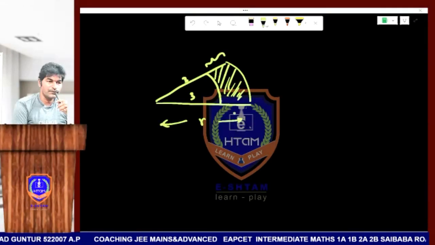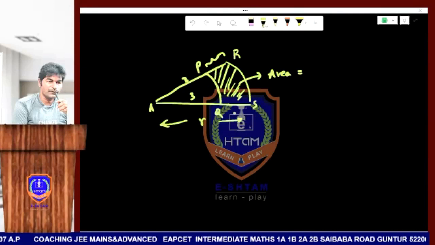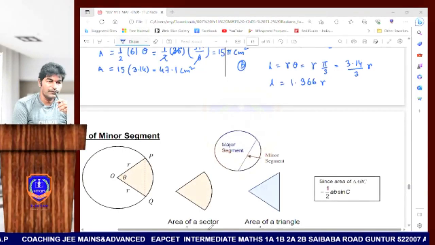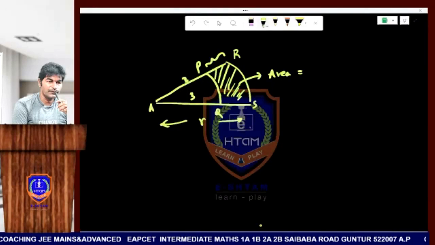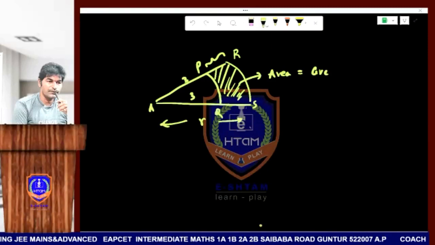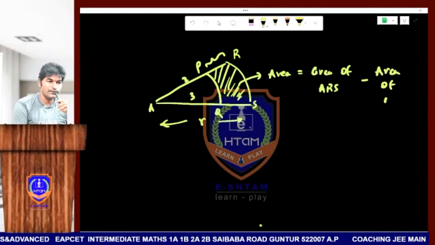This is ARS and this is APQ. So this part of the area equals area of ARS minus area of APQ.